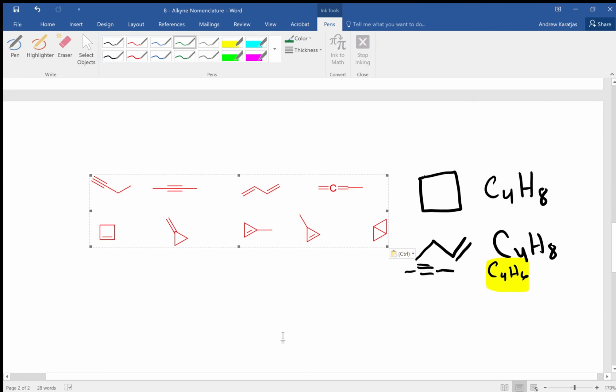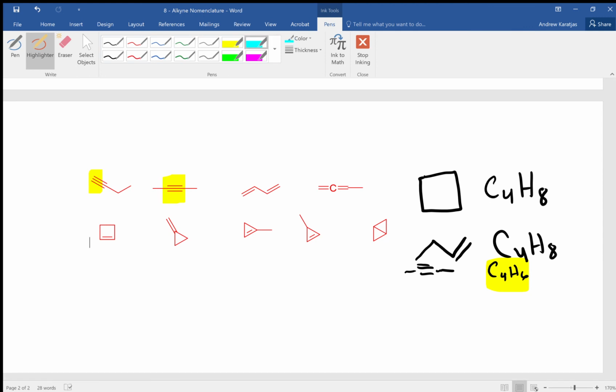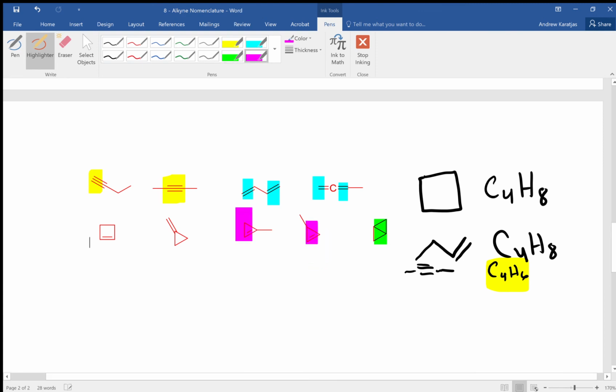So you can see these first 2 compounds each have 1 alkyne in them. These next 2 compounds have 2 alkenes. We have a compound here that has 2 rings. And finally, we have 4 compounds that have 1 double bond, 1 alkene, as well as 1 ring.